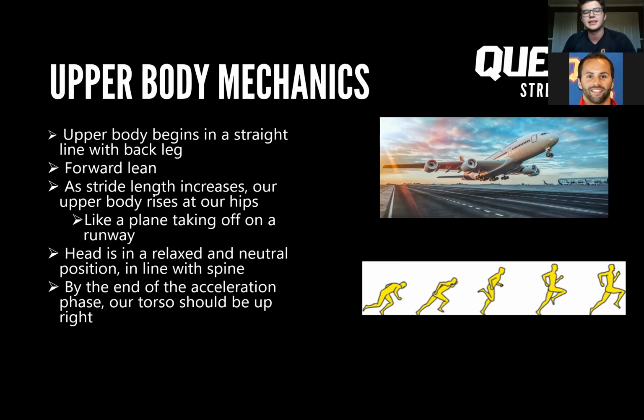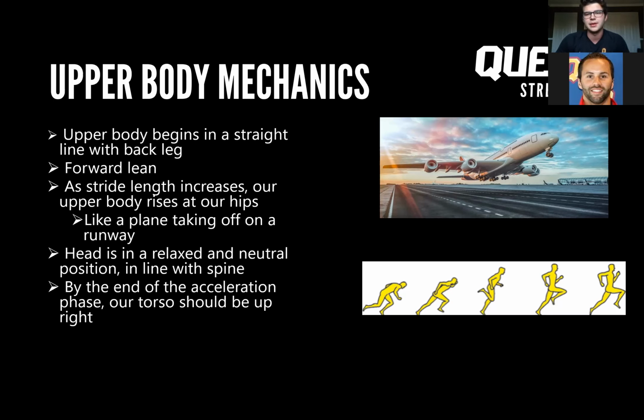As our stride length increases, our upper body is going to start to rise with our hips. We see that through each of these little phases, how his torso slowly begins to rise until he's in an upright posture at the end. The way to think about this is that he's rising through his hips almost like a plane taking off a runway.